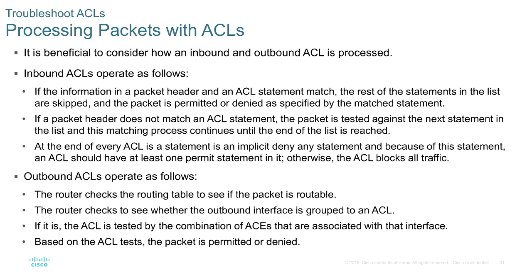When we think about the outbound ACLs, a packet that is going out after the routing is done, the router will check if there is an outbound ACL attached to the outbound interface. Then again the testing will be done in a similar manner with the ACEs, and based on those tests, the packet will be permitted or denied.